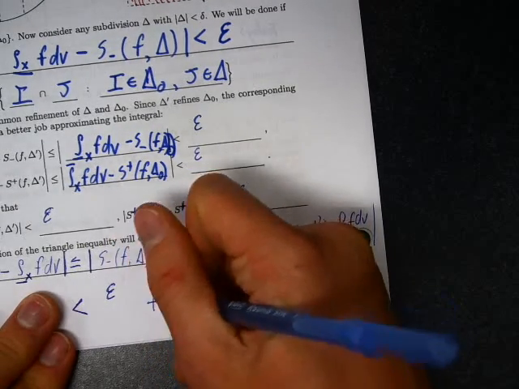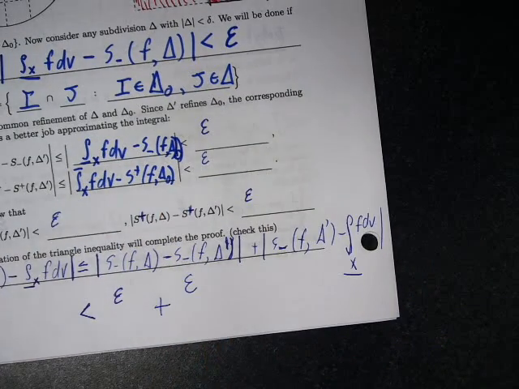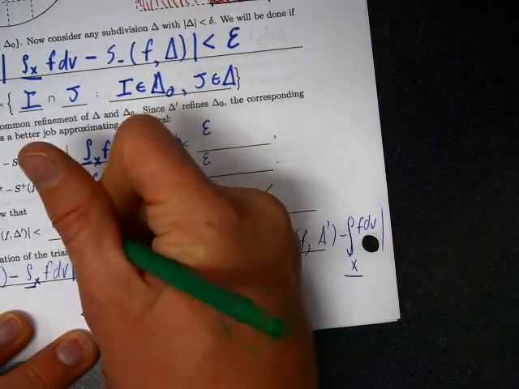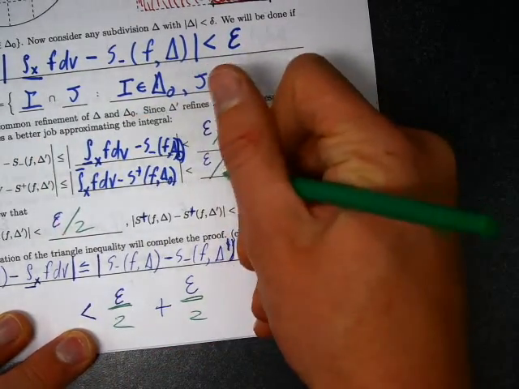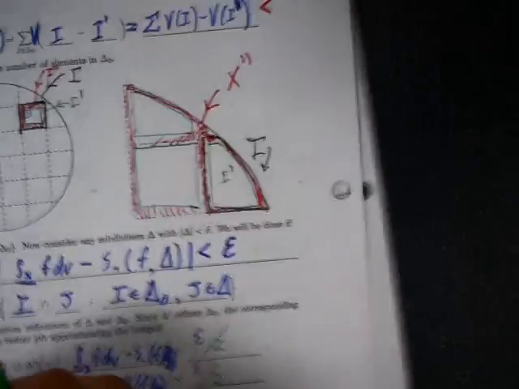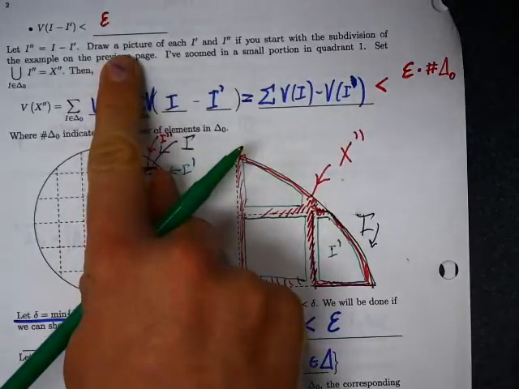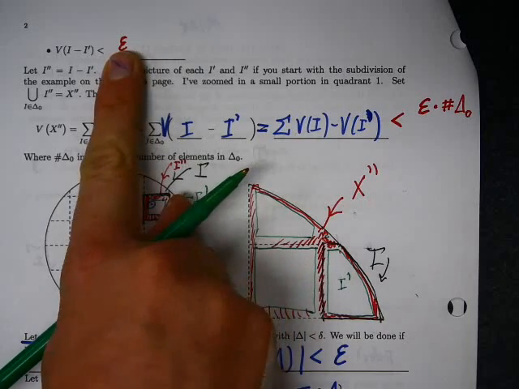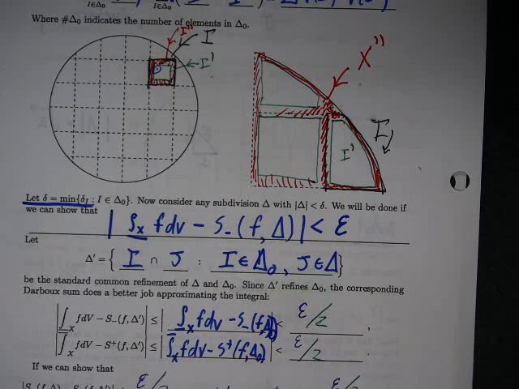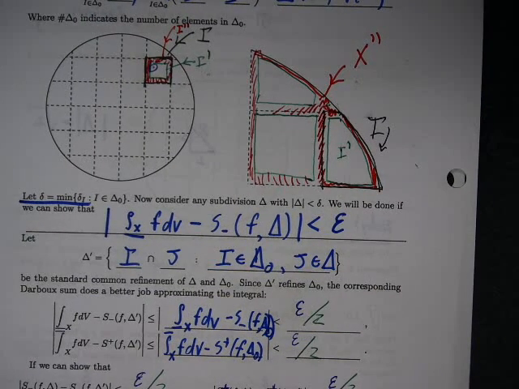So what do I want to divide those epsilons by to make this actually work? 2, I guess. There are 2 of them. I'll remark that the red epsilon, I am not ready to say what that's going to be yet. So if I can show these 2 inequalities, I'll be done.